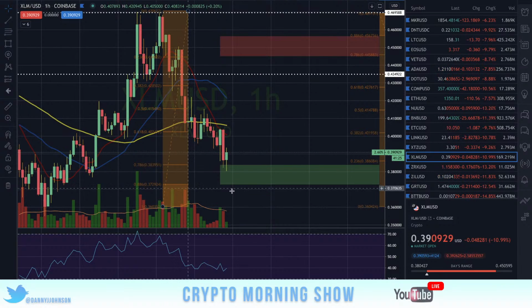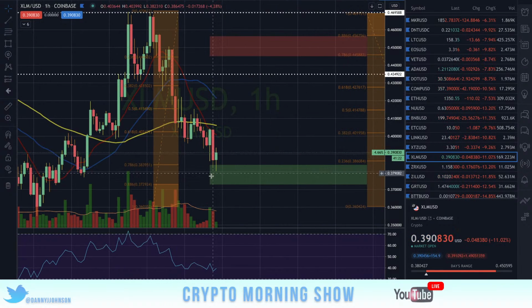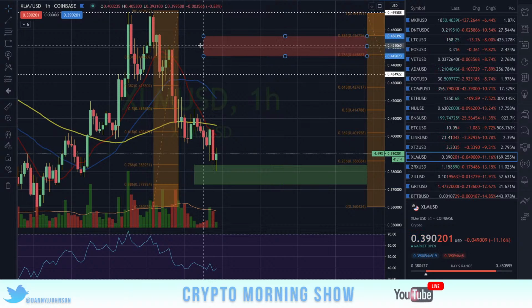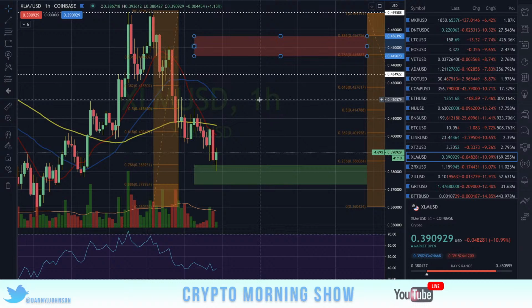So we did set our fib here. As you can see, I'm starting to get a strategy together, as this is dipping down into the buy zone, but we are on the hourly time frame, so we would need to trade this guy on a shorter time period, swing trade it, and watch for other indicators.